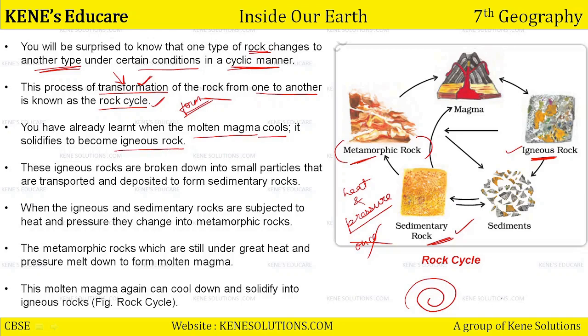ये तो हम लोग पढ़ ही चुके हैं कि मैग्मा जो होता है when it comes out of the mantle state, when it comes out on the crust, it cools down and then it solidifies and forms the igneous rock.